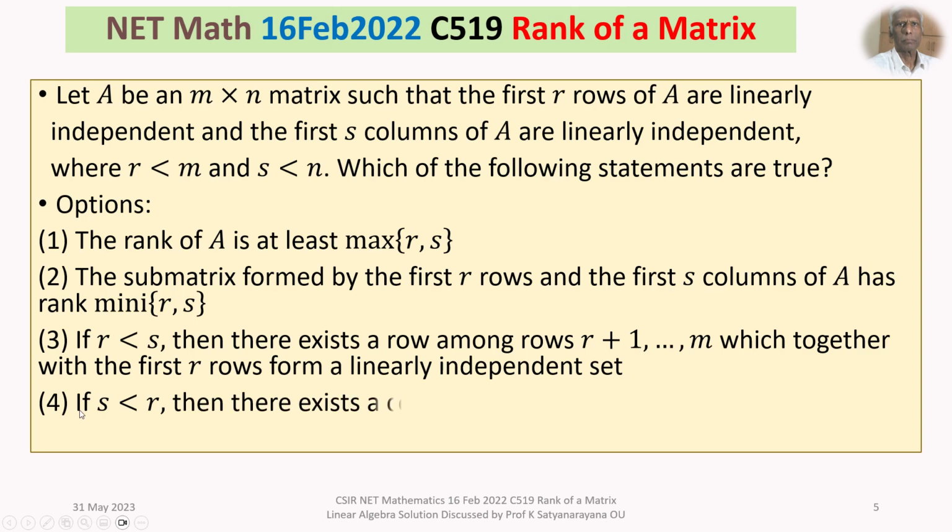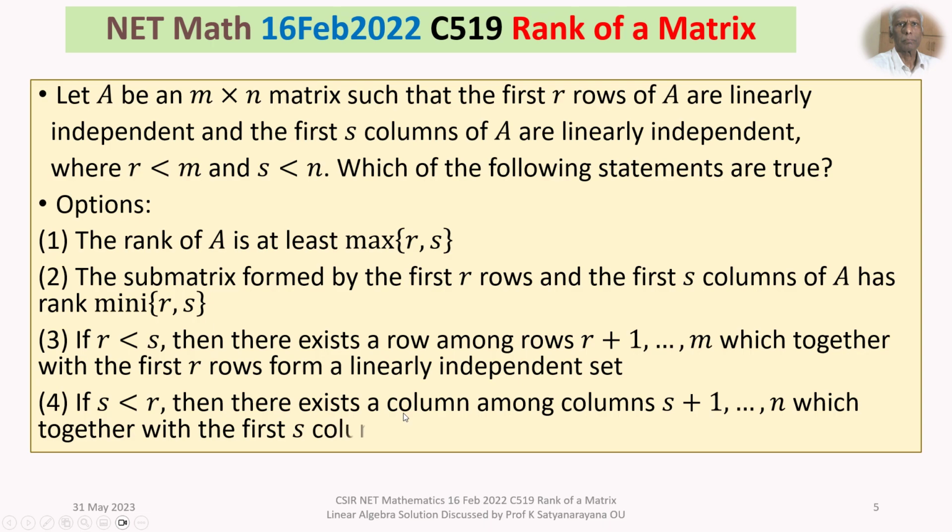Option 4: if s is less than r, then there exists a column among the columns s plus 1, s plus 2, up to n, which together with the first s columns forms a linearly dependent set. We are given a matrix A whose order is m by n, m rows and n columns.